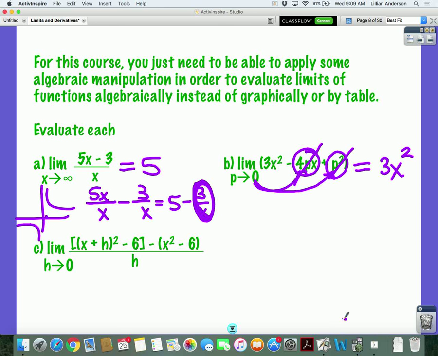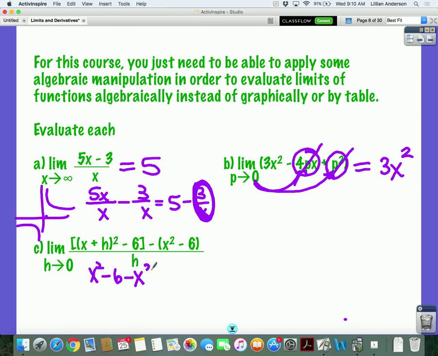Now this last one, we can do straight plugging in, okay? If I plug in 0 for h, because I'm evaluating the limit as h approaches 0, I'll get x squared minus 6. What should I do with this right here? Distribute the negative, yeah.